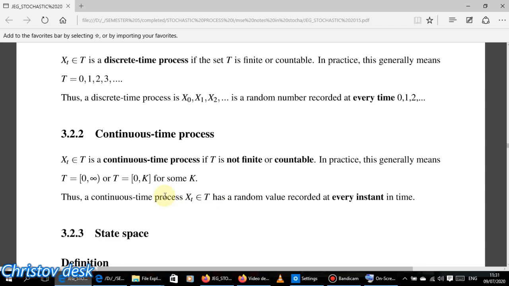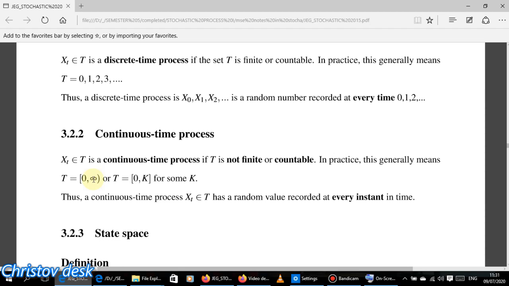It can take decimals, it can take any elements. So if I say my time domain is from 0 inclusive to infinity, it means everything within that interval it can take, like 0.55, everything. Remember it's time, so we are looking at the positive domain. So anything that is inside that domain can be picked.